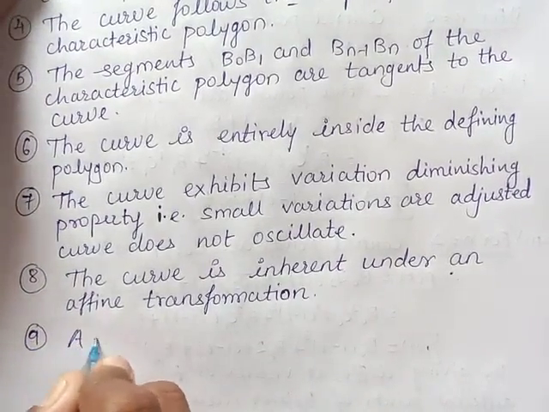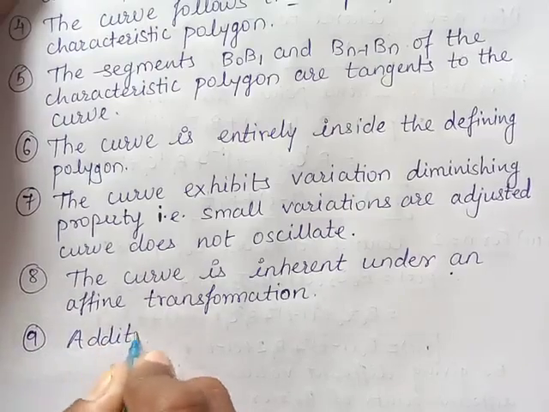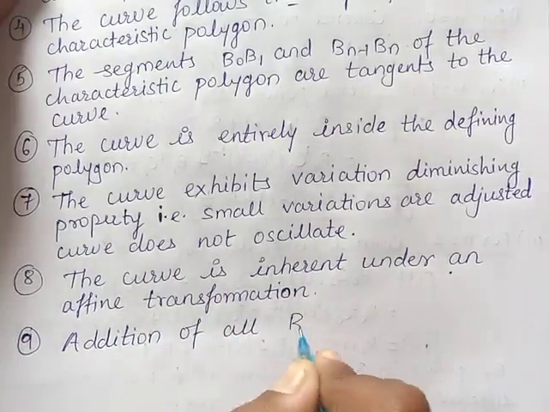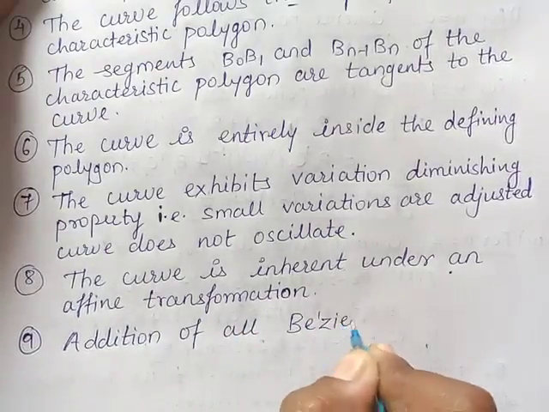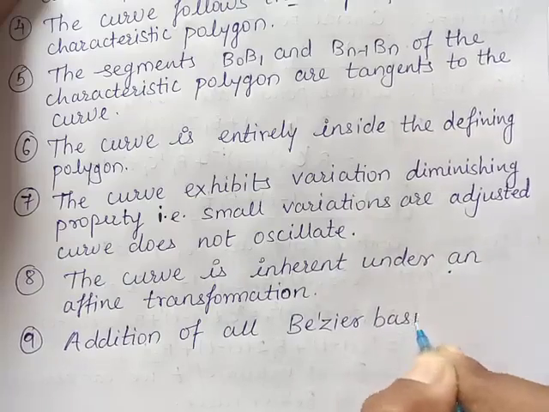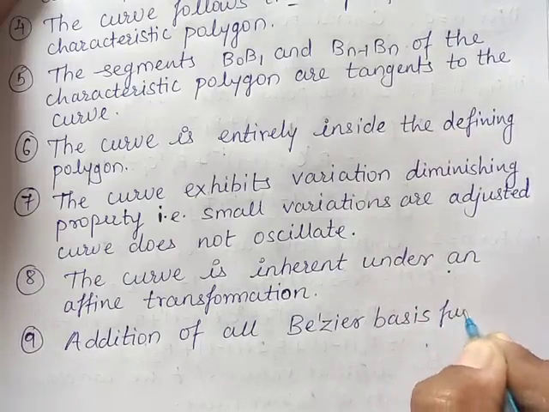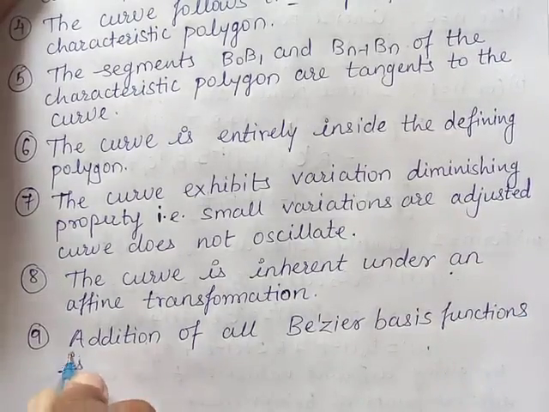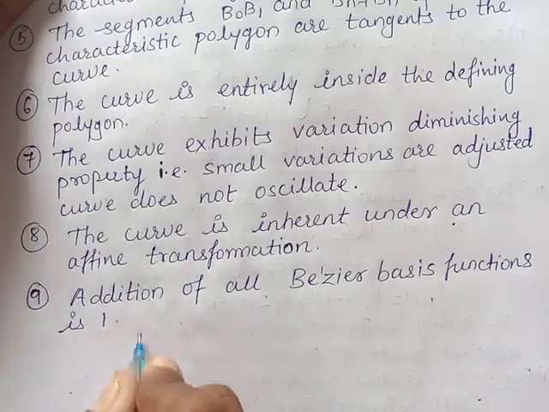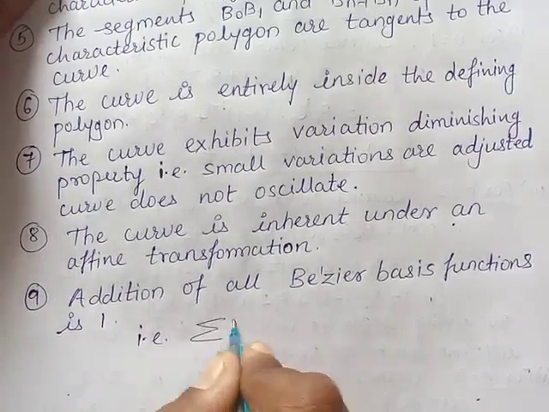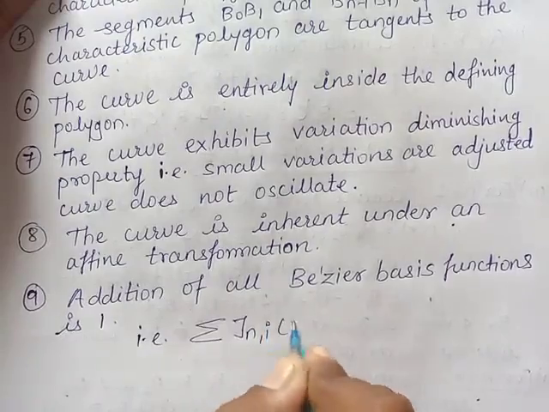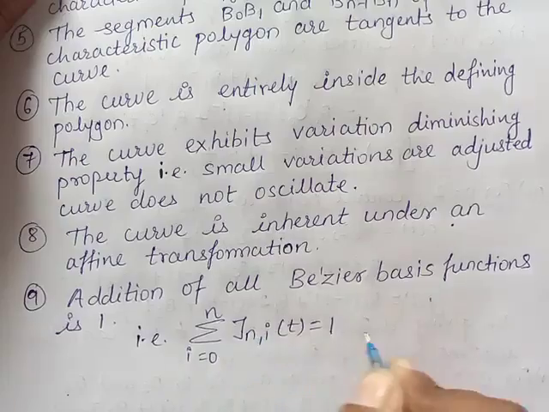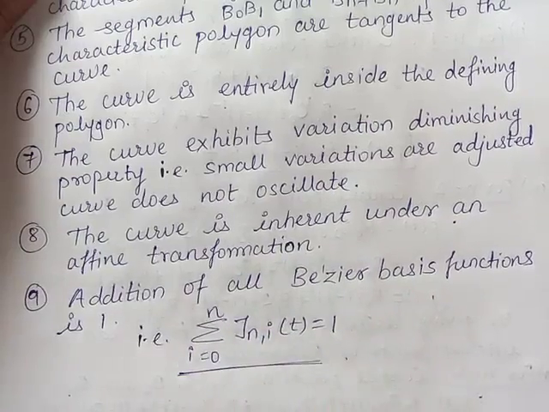Next, addition of all Bezier basis functions is 1. We will prove this. That is, what does it mean? It is summation Jni of t is what? 1. I goes from 0 to n. We will prove it, okay, as an example.